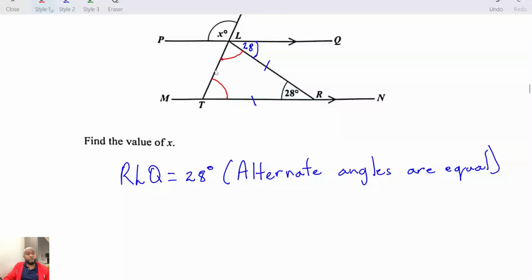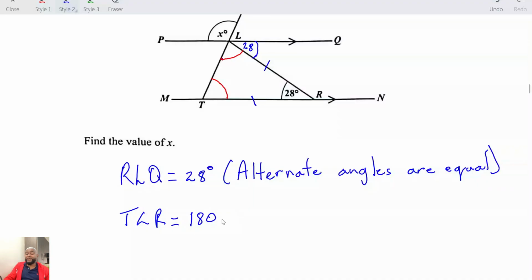These base angles, we call them. They are equal. So it will be T, L, R. That's what we're trying to find. You start with 28.